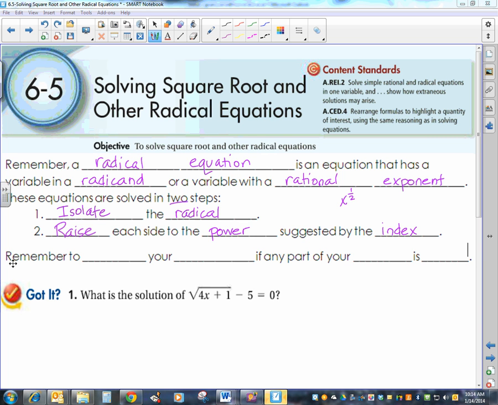Okay, we'll do lots of examples so you'll understand what that means if you don't already. Remember, when you do this, you need to check your answers if any part of your index, that is sometimes that power when you're talking about rational exponents, is even. Okay, so let's go work some problems.